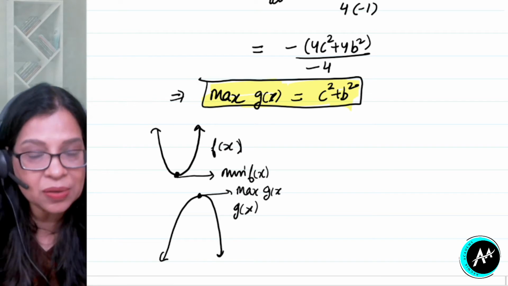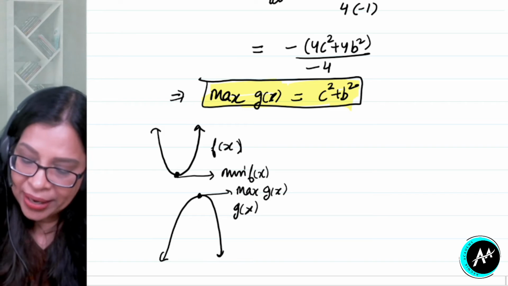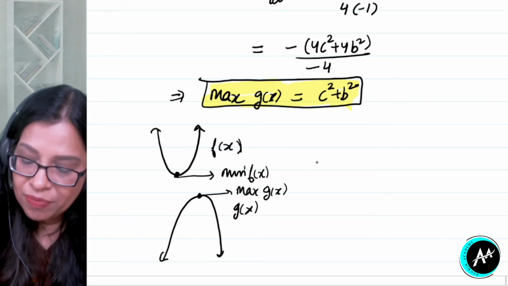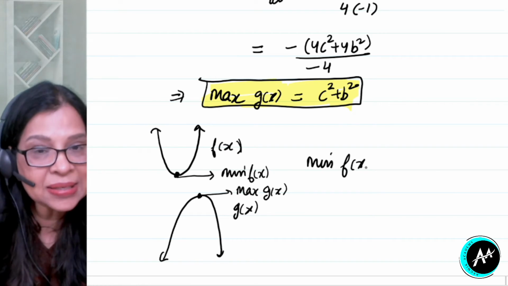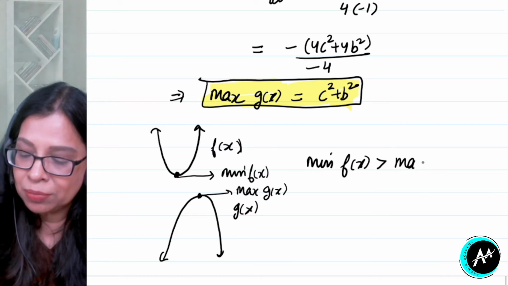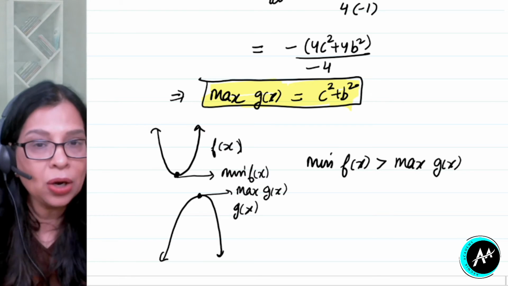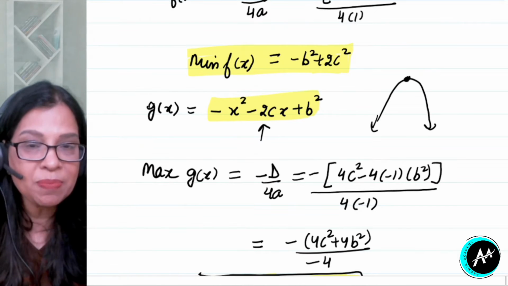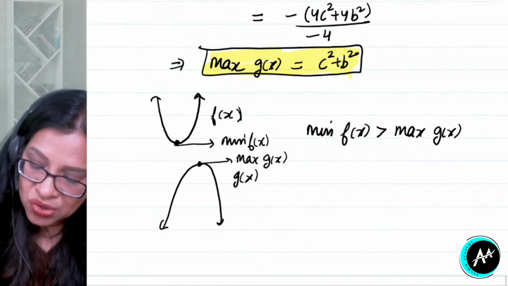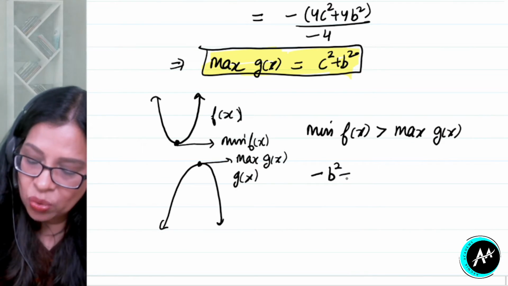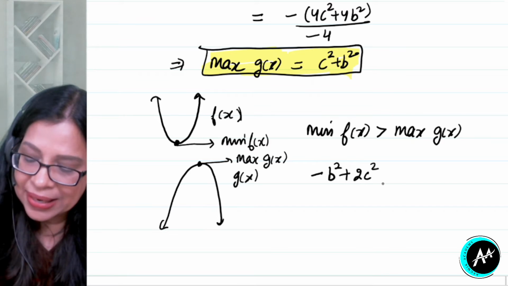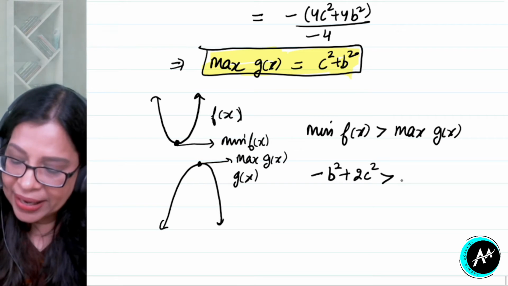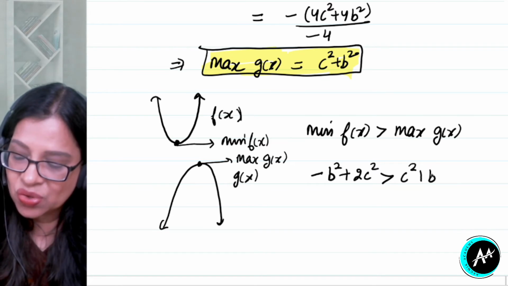So it is possible. So this is what we are given: minimum f(x) is greater than maximum g(x). Right? Now what was minimum f(x)? Minimum f(x) was minus b square plus 2c square. So minus b square plus 2c square is greater than maximum g(x), which is c square plus b square.